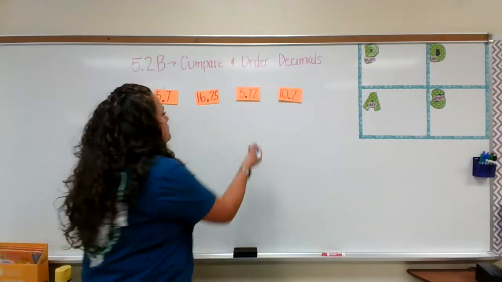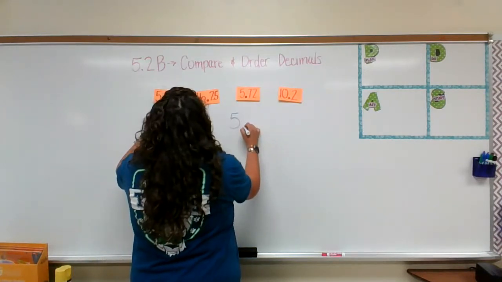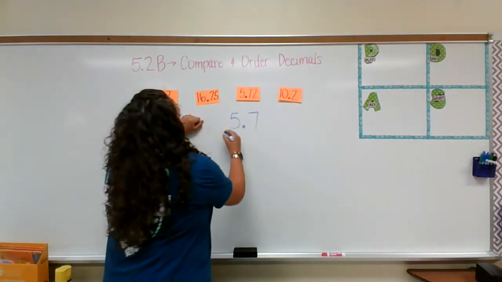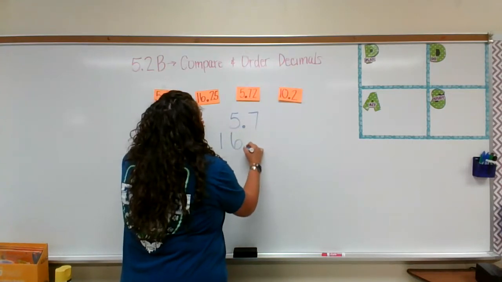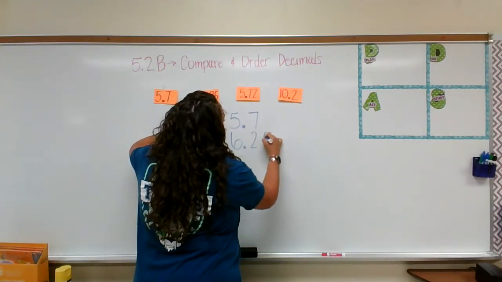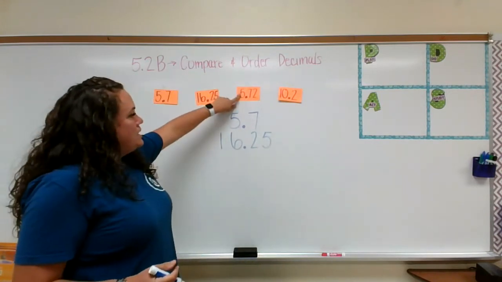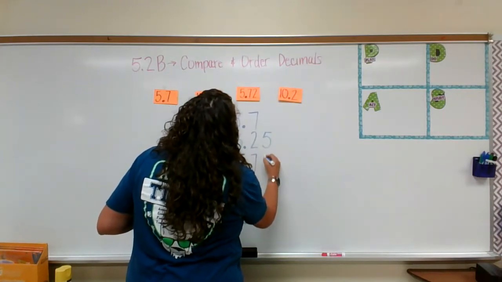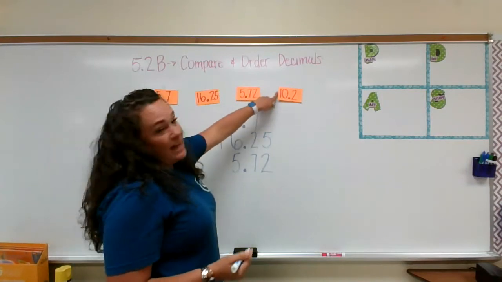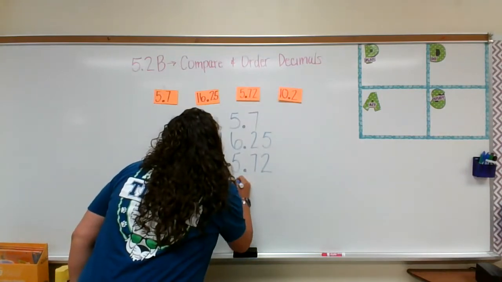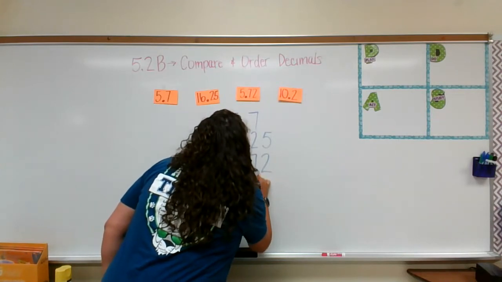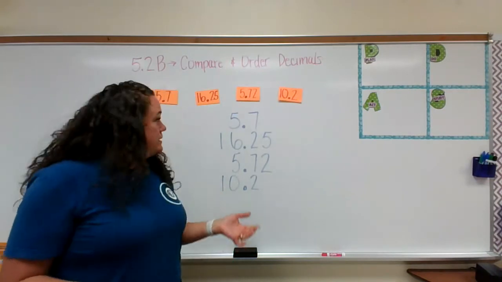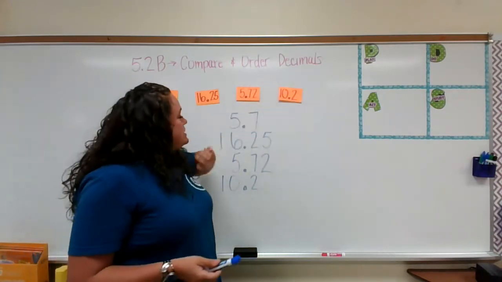I'll start with 5 7/10, then 16 25, next 5 72, and last 10 2/10. I just wrote my decimals down.